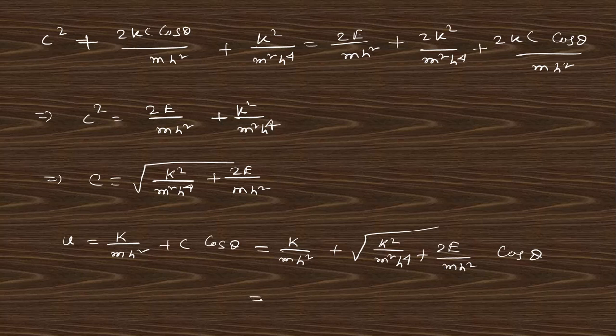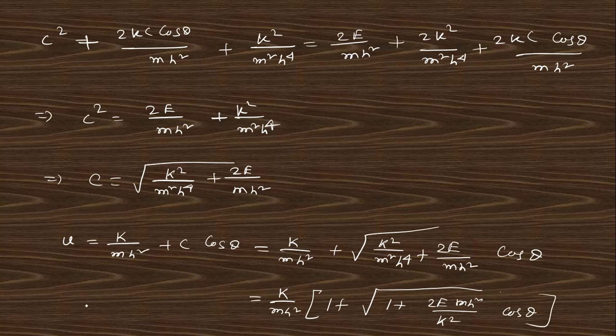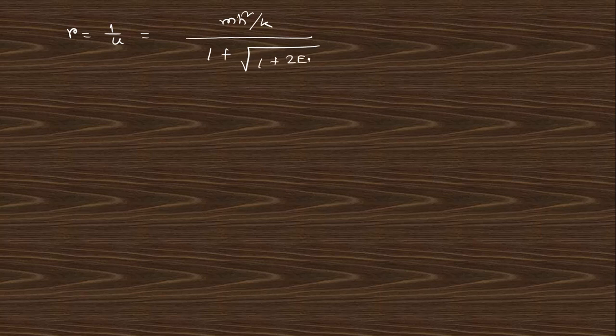If you take this as common, you get k by m h square times 1 plus root under 1 plus 2e m h square by k square, into cos theta. So r will be 1 by u, so this becomes inverse, that is m h square by k over 1 plus root under 1 plus 2e m h square by k square cos theta.